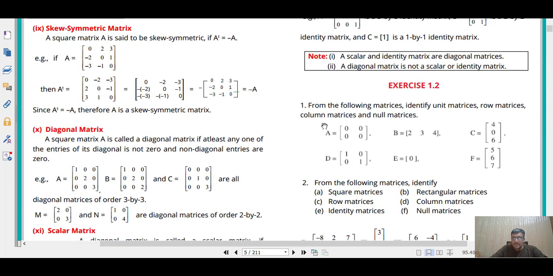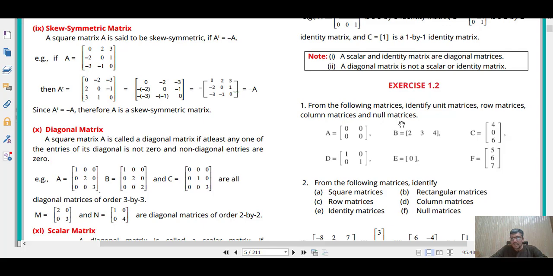Before solving questions 1, 2 and 3, we must know about the types of matrices. If you see here in question 1, we have to determine whether it is an identity unit matrix, row matrix, column matrix, or null matrix.